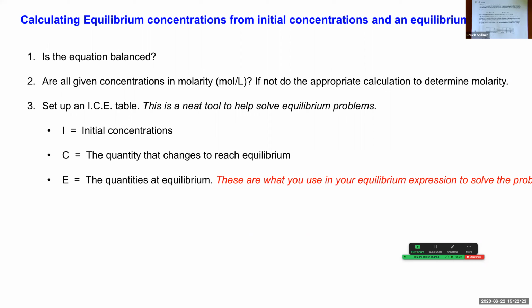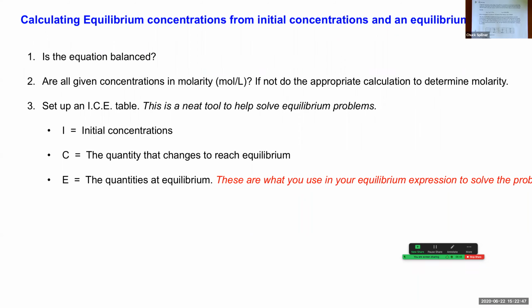Thirdly, set up an ICE table. The ICE stands for initial concentrations. C stands for change, that's the quantity that changes to reach equilibrium. And E equals the quantity at equilibrium.